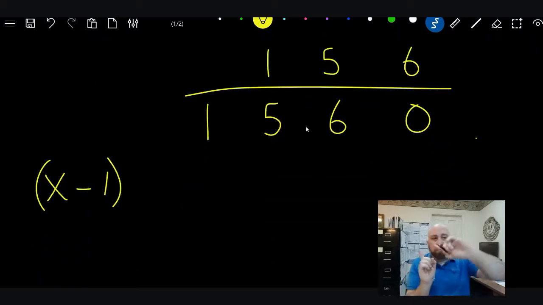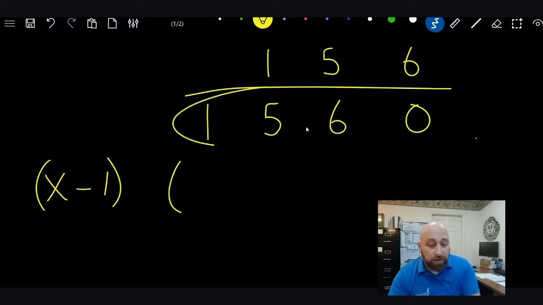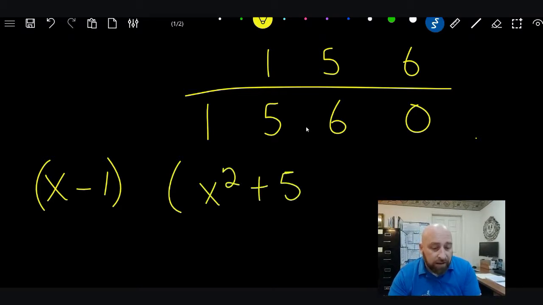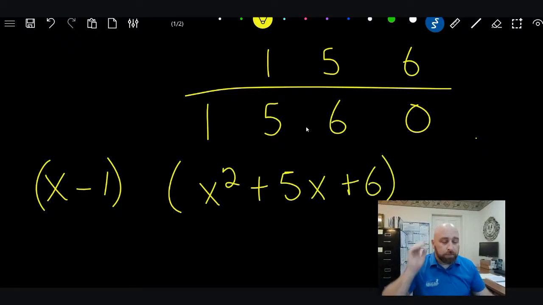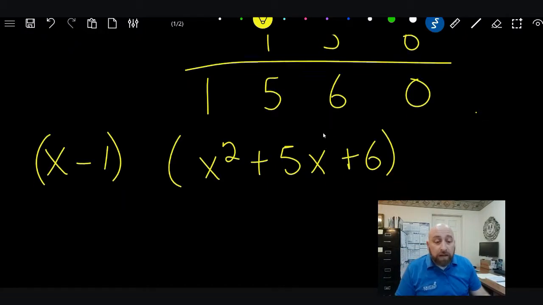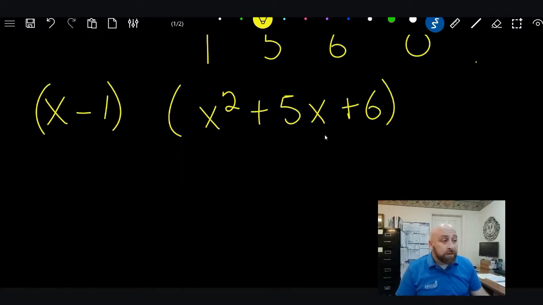So basically, we're moving it to the other side. And then we end up with this right here. And so this is going to be our x squared term, and this is going to be our x term, and this is going to be our constant term. Okay, and so there are 2 factors.